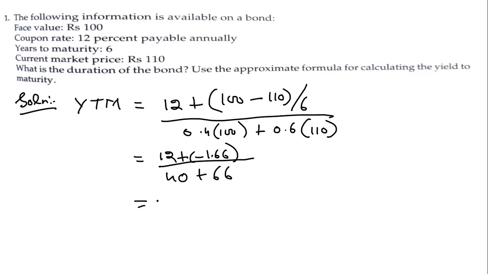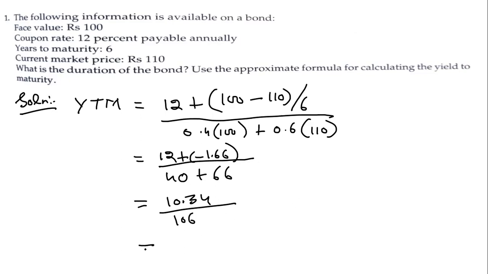So let's simplify this again. So 12 minus 1.66 is 10.34, divided by 106. So 40 plus 66 is 106.